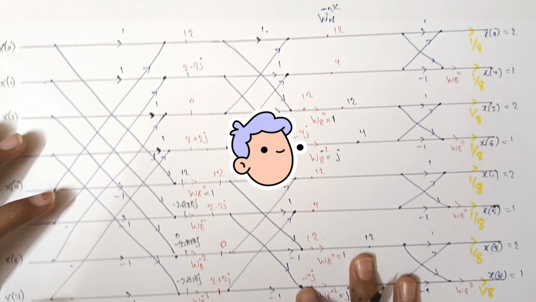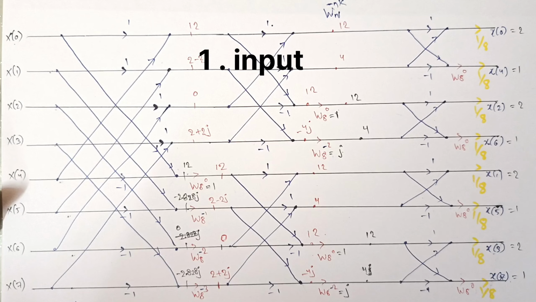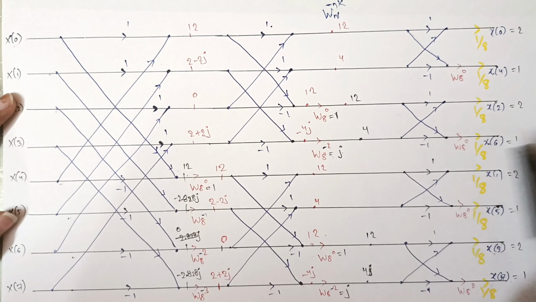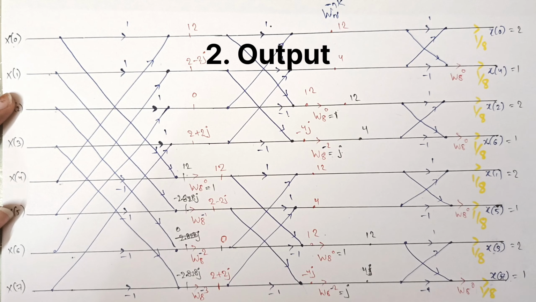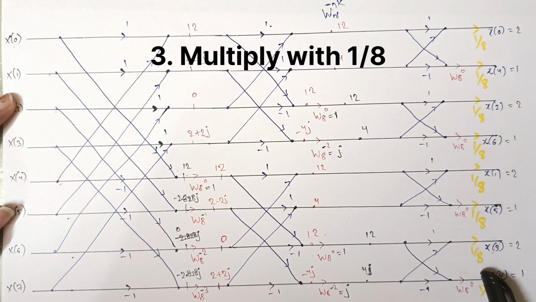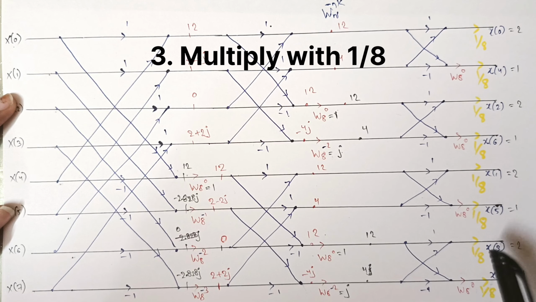Let's just do a small recap. First thing that we need to consider in the diagram is input should be in normal order, which is in frequency domain. Output should be in bit reversal order, which is in time domain. The output should be multiplied by 1 by 8.